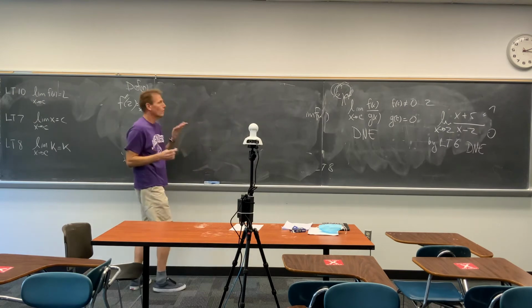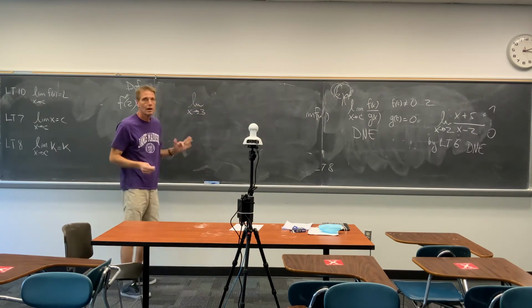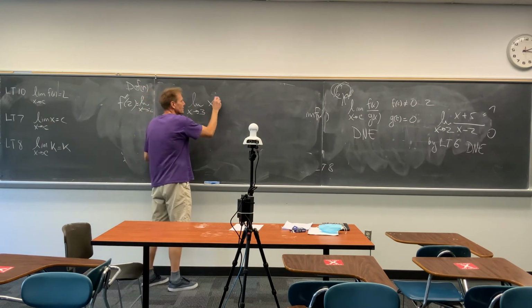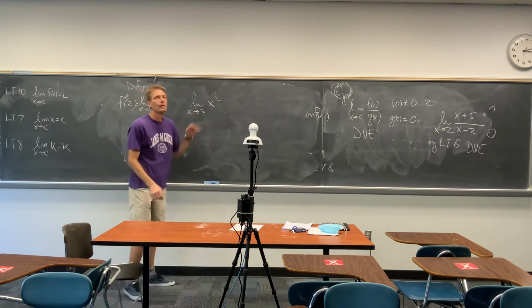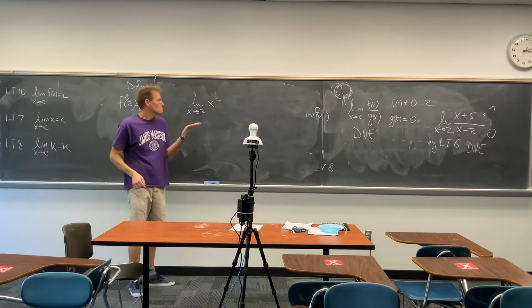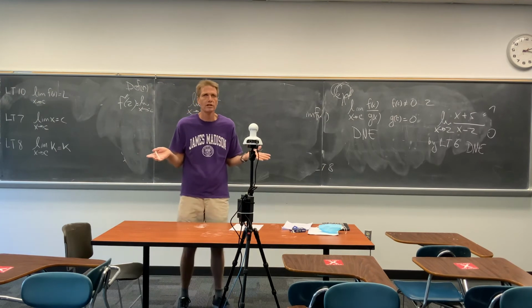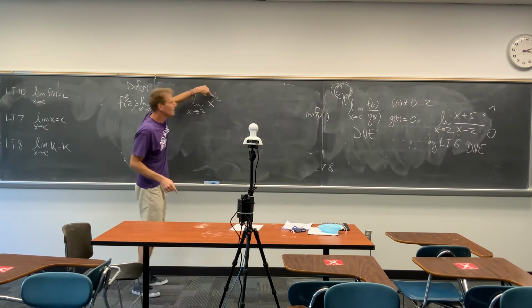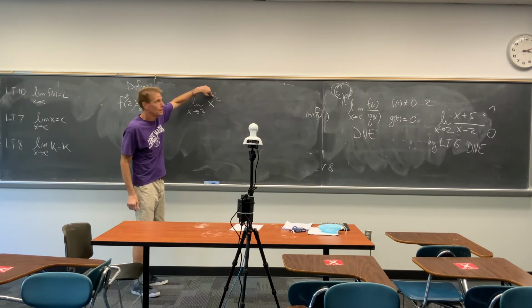Like, for example, let me show you a perfect case where we use this. Imagine that I've got x squared, and I want to take the limit of this. Well, what does x squared mean? Explain to your little brother or sister. What does that little number mean? What would you tell them? X times x.